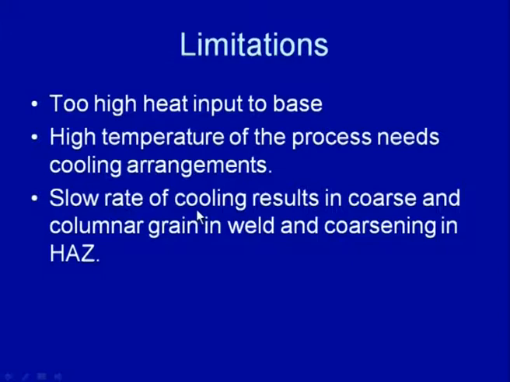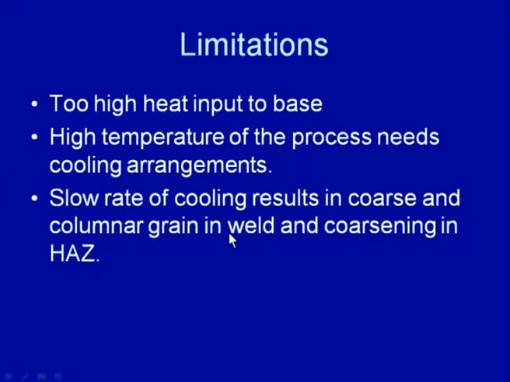Further, the slow cooling rate experienced by the heat affected zone results in a coarser and columnar grain structure in the weld region. The coarser and columnar grain structure in the weld region deteriorates the mechanical properties. At the same time, coarsening of the grains in the heat affected zone due to the slow cooling and high heat input significantly decreases the toughness and the mechanical properties of the weld joint made by the electroslag welding process.